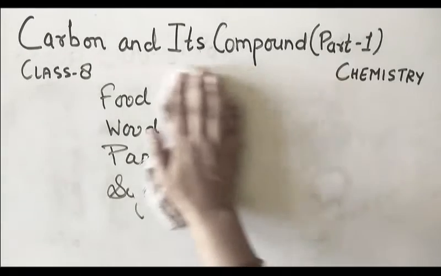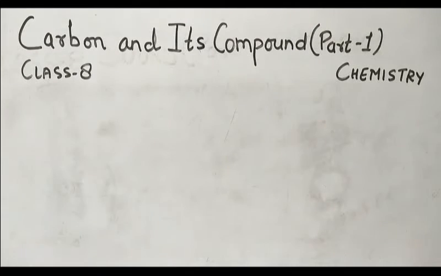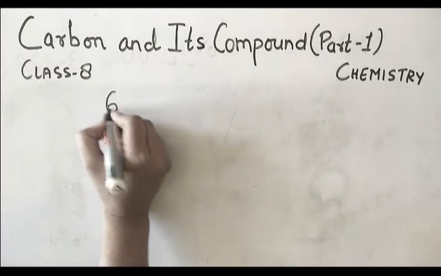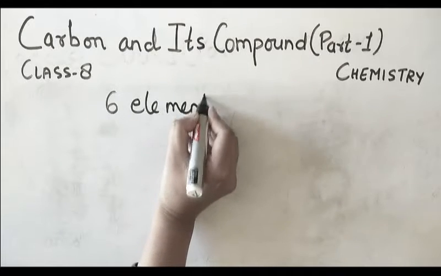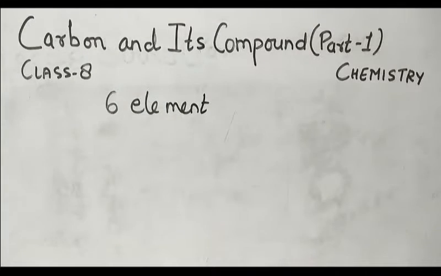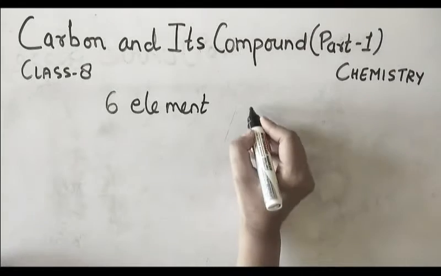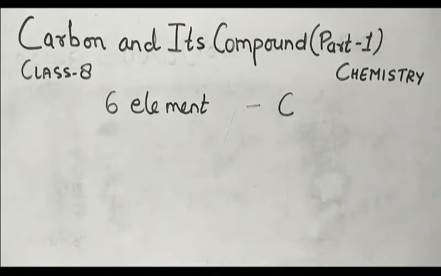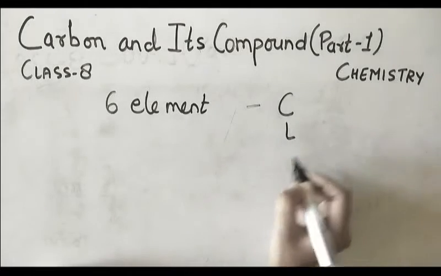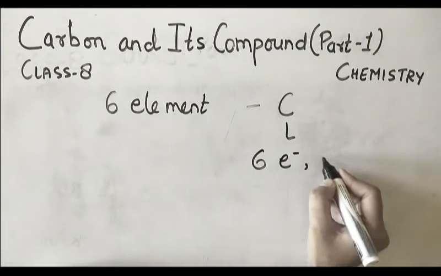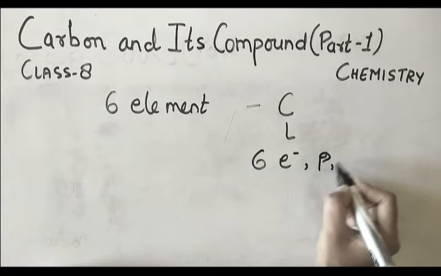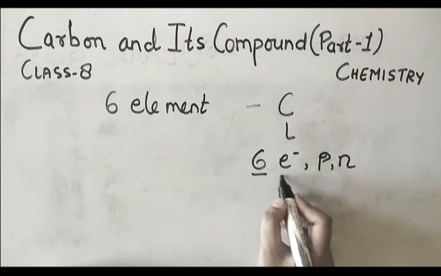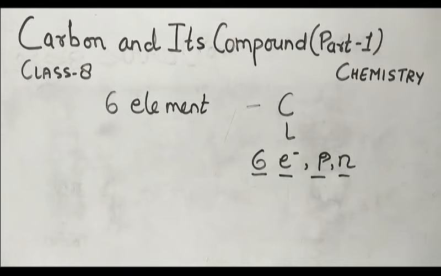Okay, now let us discuss carbon's position in the periodic table. Carbon is the sixth element of the periodic table and the symbol of carbon is C. So you can say that carbon has 6 electrons, 6 protons and 6 neutrons. कार्बन के पास 6 इलेक्ट्रॉन भी हैं, 6 प्रोटॉन भी हैं, 6 न्यूट्रॉन्स भी हैं.